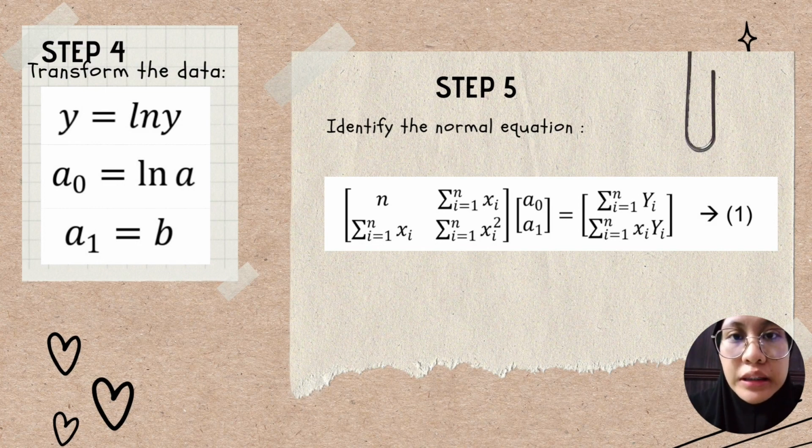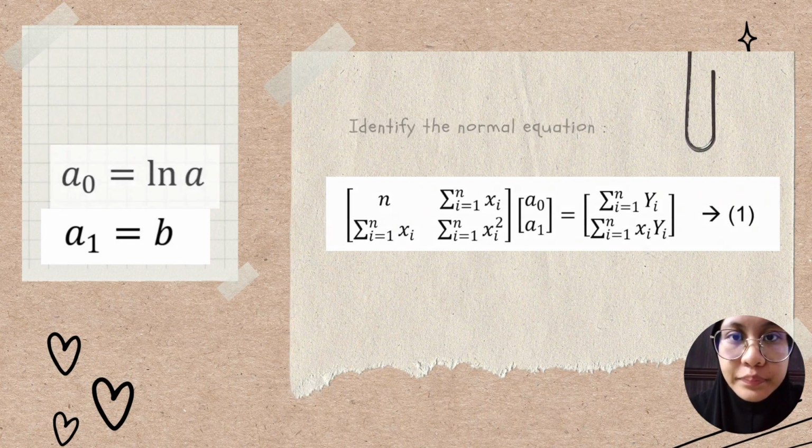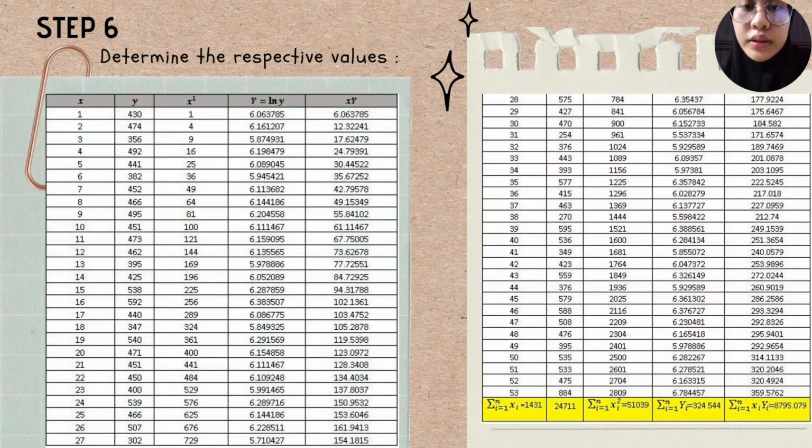Step 5, we need to identify the normal equation. It is n, summation of x, and summation of x squared, times a0, a1, equal to summation of Y and summation of xY. Step 6, based on our data, we need to determine the respective values for n, summation of x, summation of x squared, summation of Y, and summation of xY.